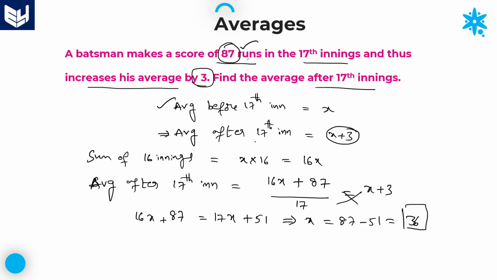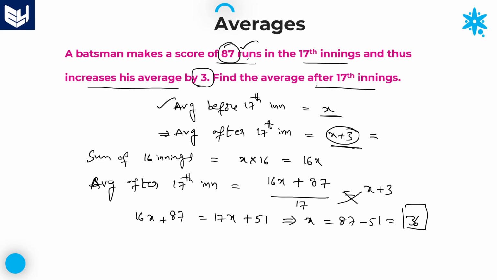In this kind of problems, everyone must be careful about what exactly the question is asking. What is the average before 17th innings and after 17th innings? Here x represents the average before 17th innings, whereas x plus 3 represents the average after 17th innings.